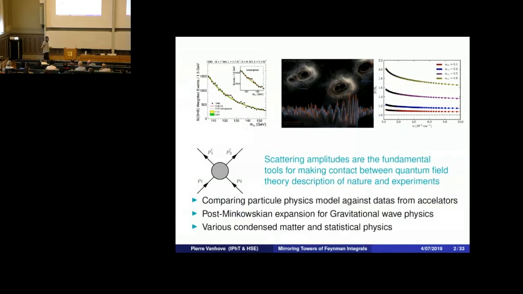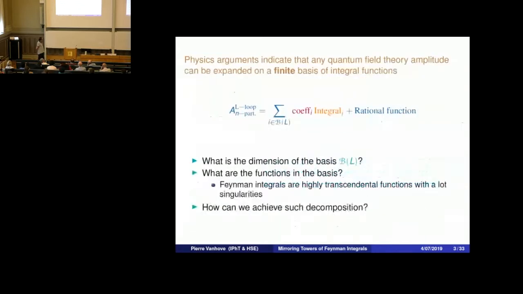So this is where the motivation comes from. And I want to convince you that there is a lot of mileage you can get from the reformulation I'm going to tell you in terms of motives, for addressing that physical problem.